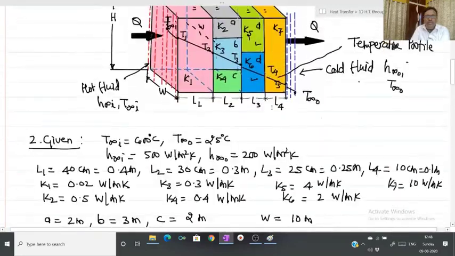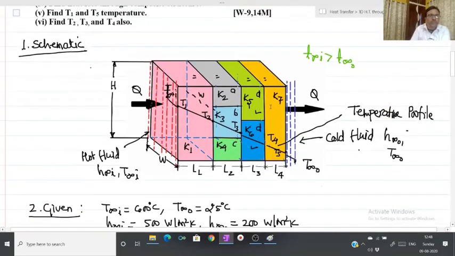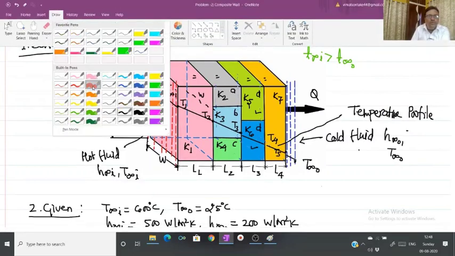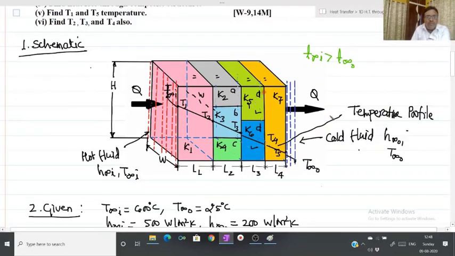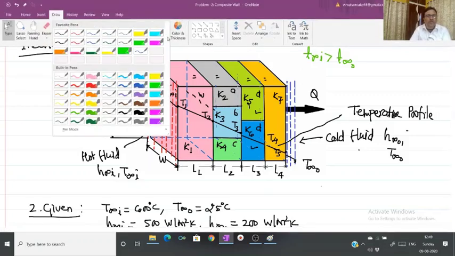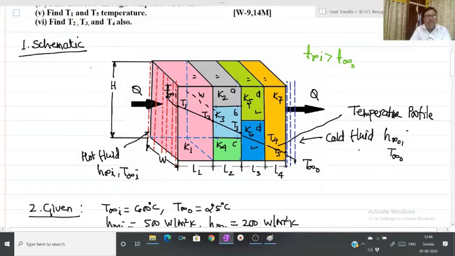Once again, the area of this slab will be this height D into this width W. So this is the area normal to heat transfer. This is the height D and this is the width W. So this way I can calculate the area for the D1 slab and the D2 slab.